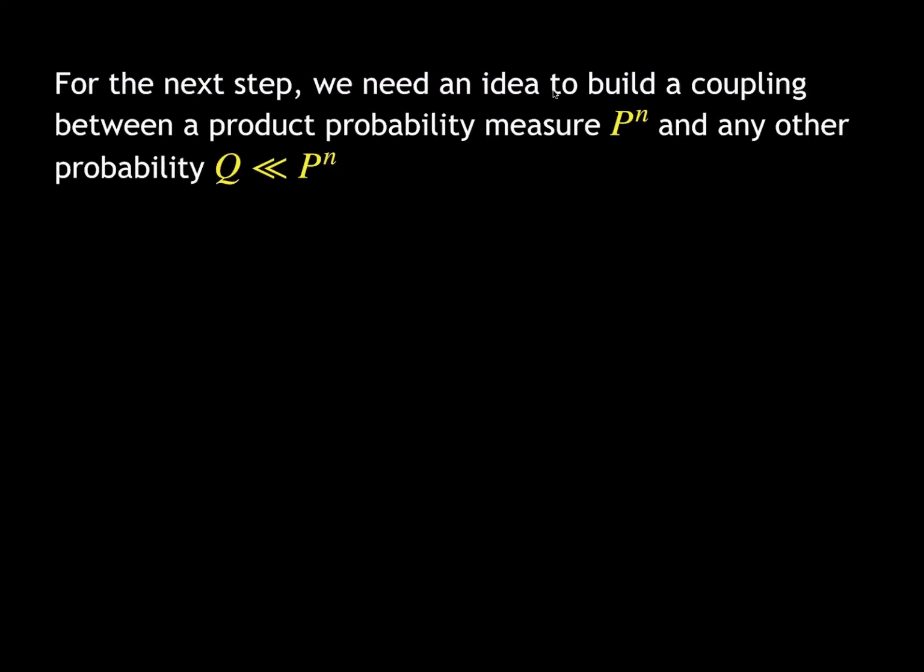Now for the next step, we have to pass from dimension 1 to dimension n. Remember that to pass from dimension 1 to dimension n, in the entropy method, the tool that we had in our pocket was the subadditive inequality. But here we need another idea.